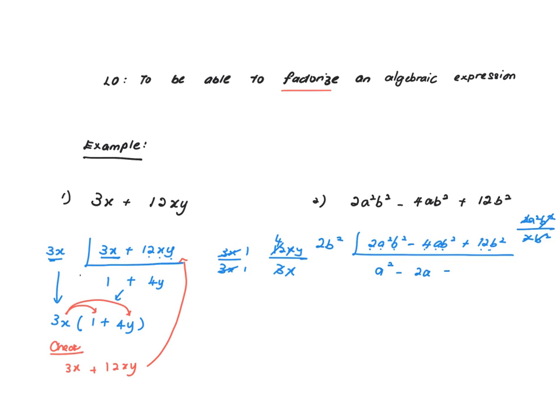And then we have plus 12b squared divided by 2b squared is 6. That's it. So write it down as a factorization. That would be 2b squared outside the bracket, and then we have bracket a squared minus 2a plus 6, and that will be our final answer.